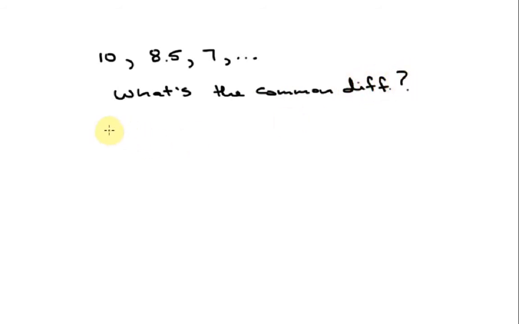Well, think of it this way. If this was a more difficult example, you might want to know that it works like this. 10 plus the common difference, which usually we use the letter D, has to equal the next term in the sequence, which is 8.5. So this is a very easy thing to solve. I'm just going to take 10 away from both sides.